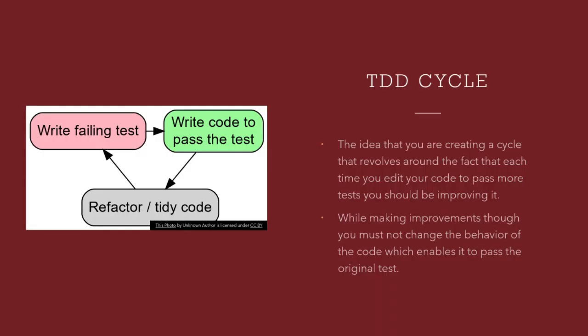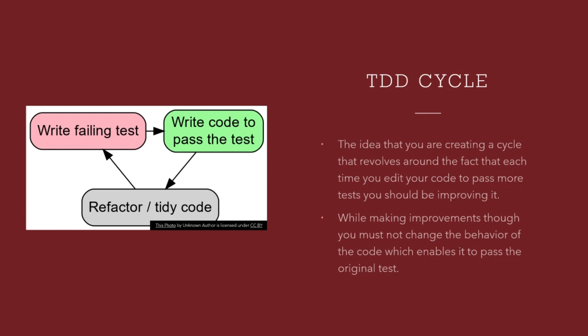While researching online, I found that the TDD cycle can often be shown using red, green, and refactor. I'll have another photo of this on the next slide. But the idea is that your red is where you're writing your failing test, which is whatever requirement that you're trying to accomplish that isn't working. Then the green is that you're writing the code that should, in theory, pass that test.